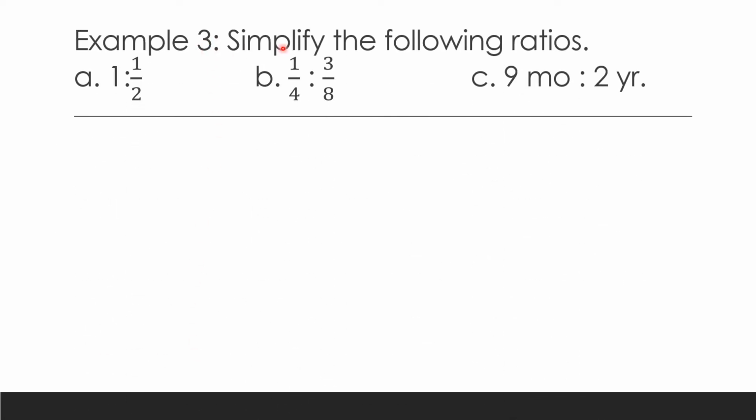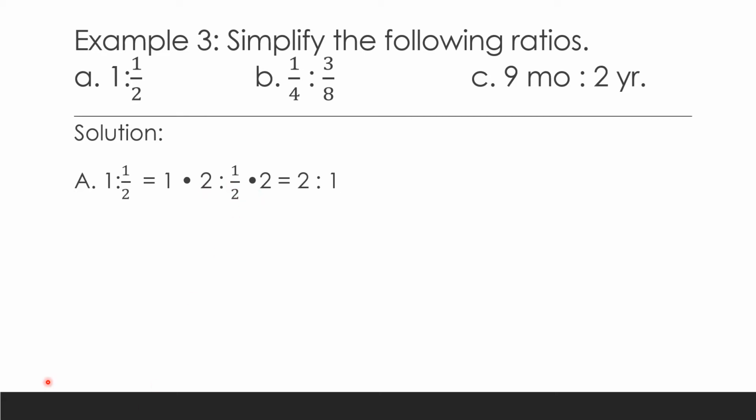Example number 3. Simplify the following ratios. A, 1 is to 1/2. B, 1/4 is to 3/8. C, 9 months is to 2 years. Our solution. In letter A, 1 is to 1/2. Since our denominator is 2, we multiply both by 2: 1 times 2 is to 1/2 times 2.